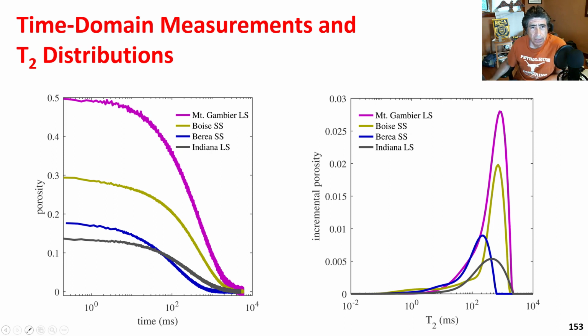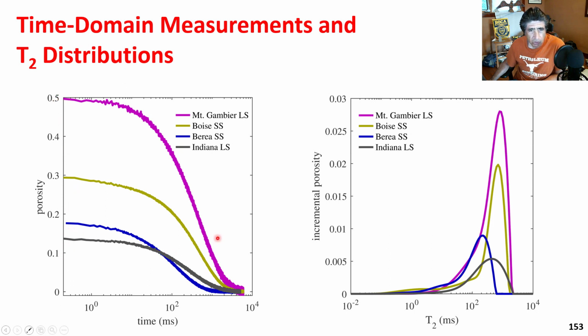What we have here is the time of decay. And please note that at early times, the value of the asymptote of these time decays, when calibrated properly, is the value of the porosity of the rock.